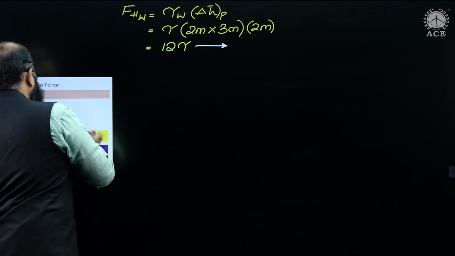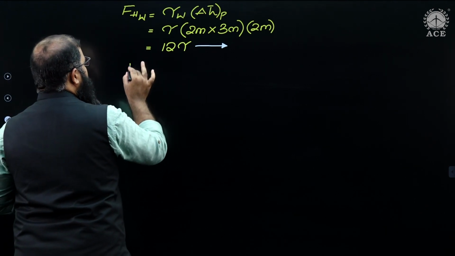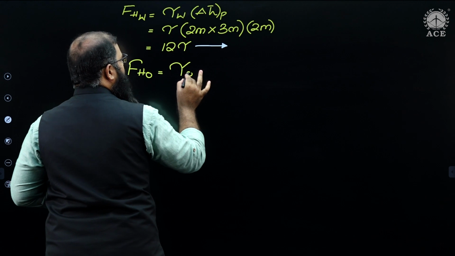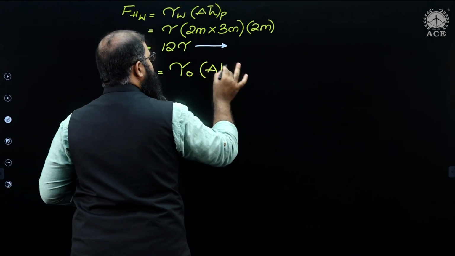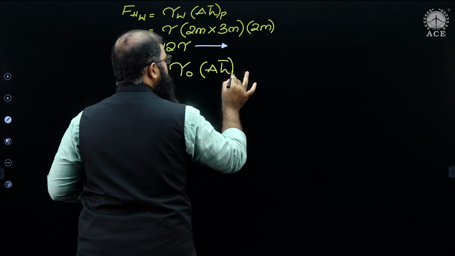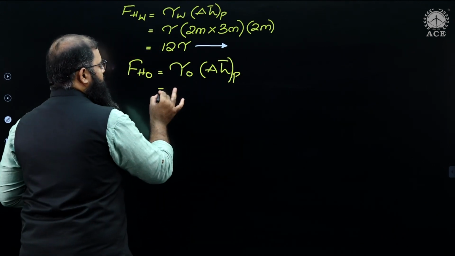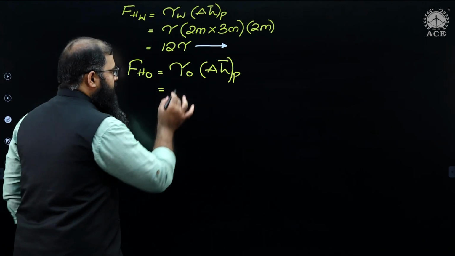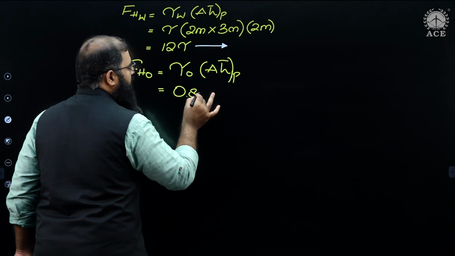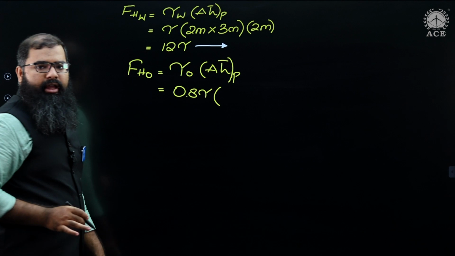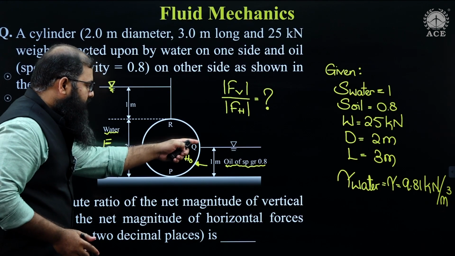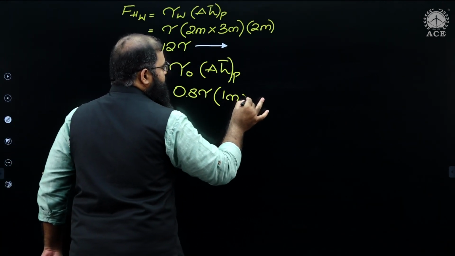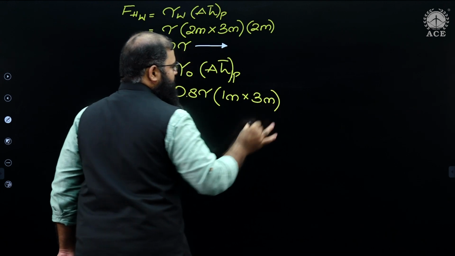Moving further, let us now talk about the horizontal force by the virtue of oil. It is supposed to be gamma of oil multiplied to area times h bar projected. Now I know that the specific gravity of oil is equal to 0.8. Therefore, I'll write this as 0.8 gamma times area. Area I know is equal to 1 times 3, so 1 meter by 3 meters is the area.